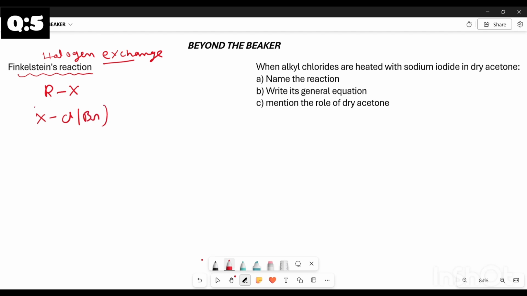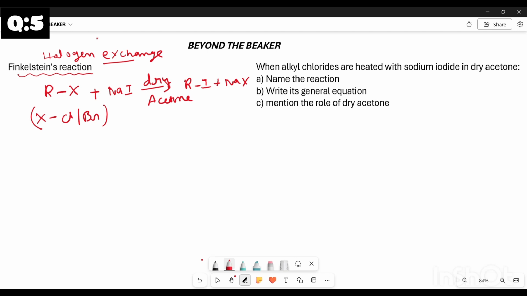When a haloalkane, that is a chloroalkane or bromoalkane, is heated with sodium iodide in the presence of dry acetone, it gives R-I plus NaX, an alkyl iodide.